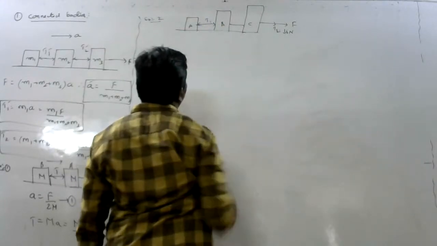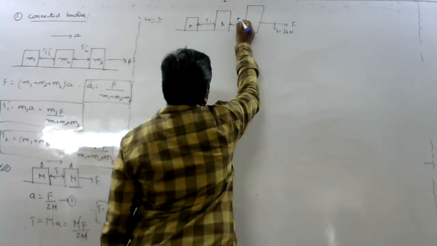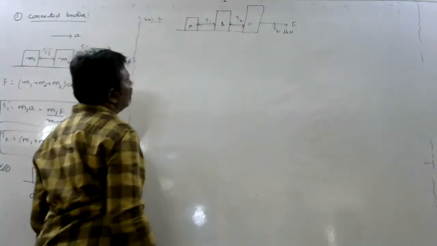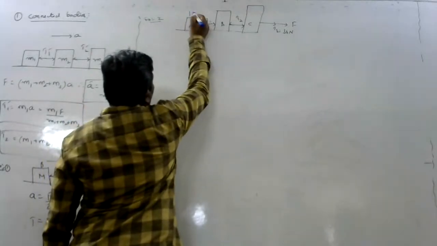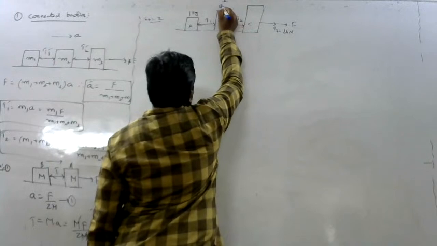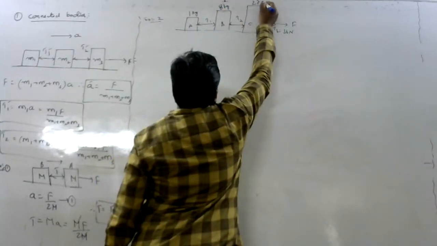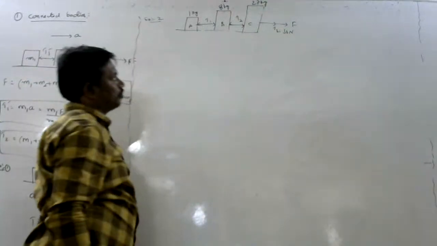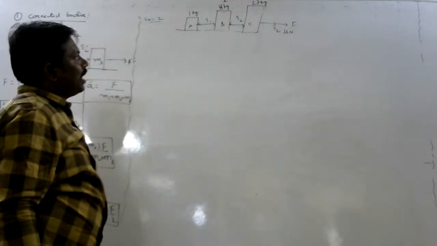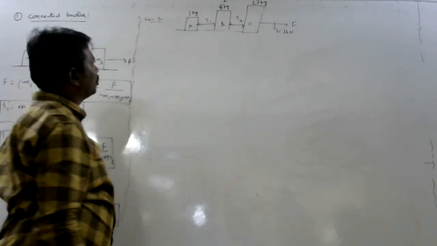Tension between A and B is T1 and tension between B and C is T2. Here mass of A is 1 kg and mass of B is 8 kg and mass of C is 27 kg. Find the acceleration of the block and find the tensions T1 and T2.